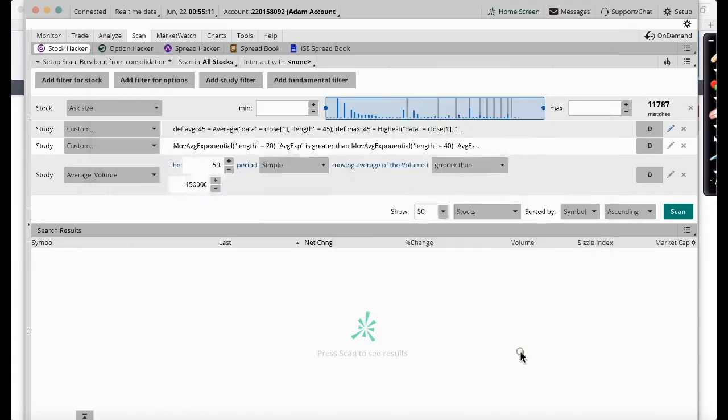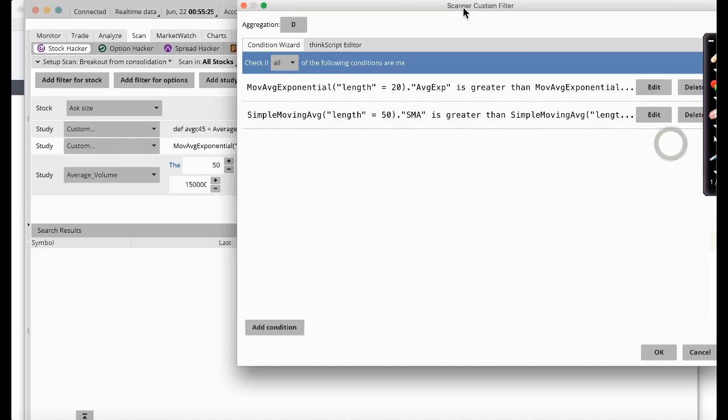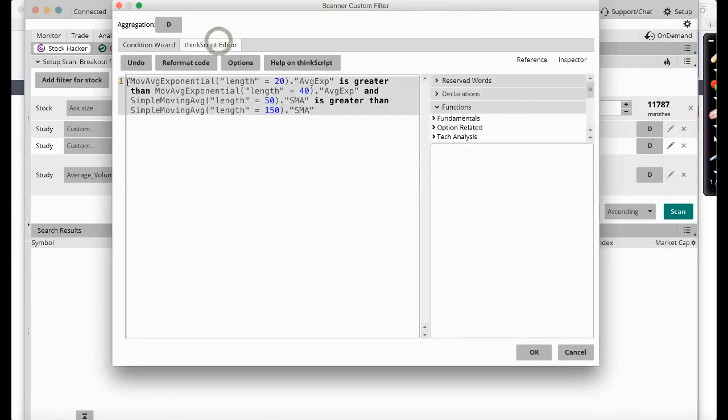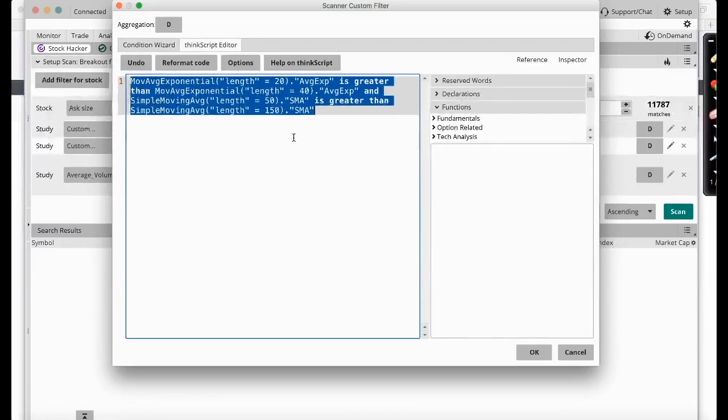There you go, okay? Now, there are two study filters you have to create. One of the study filters is the one where you paste that first script. Then you create another study filter where you paste the second script. So there are actually two scripts, right?